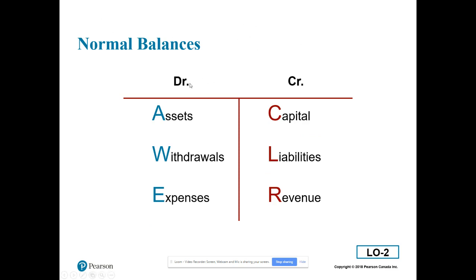For some students, they like to recognize the normal balances. So that's a term that you'll have to be familiar with. The normal balance is, in an ideal world where everything is happening, the bank account would have a positive balance. We wouldn't be in overdraft. So the normal asset balance would be a debit. The normal expense balance is also a debit. So that's the second tip.